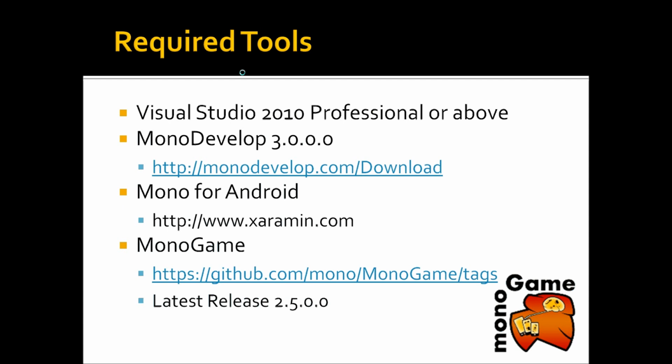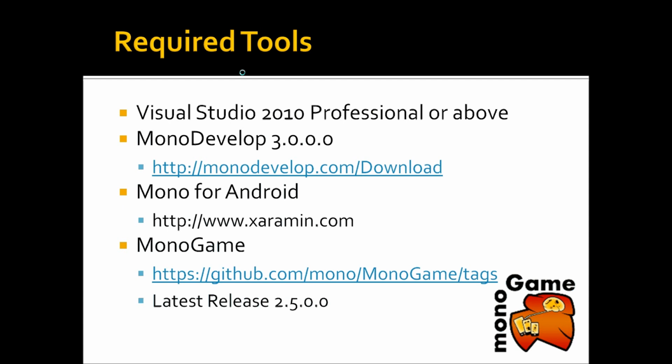But thanks to Google's new SDK, we've now got a hardware accelerated image in the emulator. So if you want to just try out MonoGame and Mono for Android, then that option is available now. You don't need a hardware device to have a mess around with it, and we'll have a look at that in a minute.